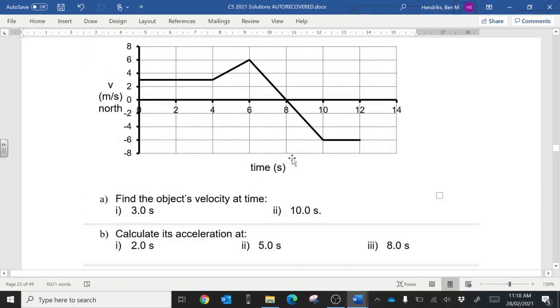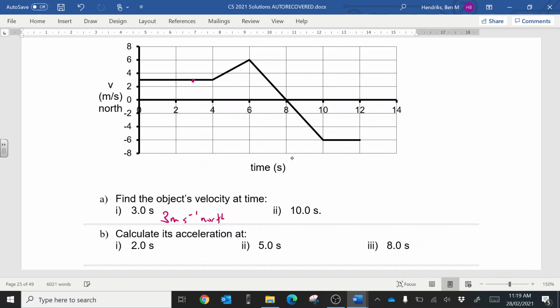So the first thing they ask us to do is find the object's velocity at time 3 seconds. 3 seconds is here, and the velocity is 3 meters per second north. At 10 seconds, it's down here, and it's going 6 meters per second south.